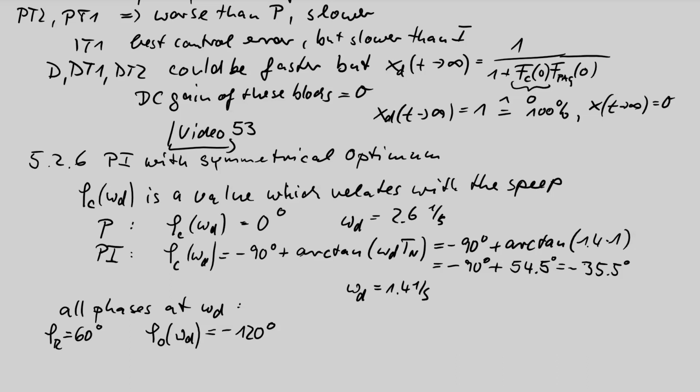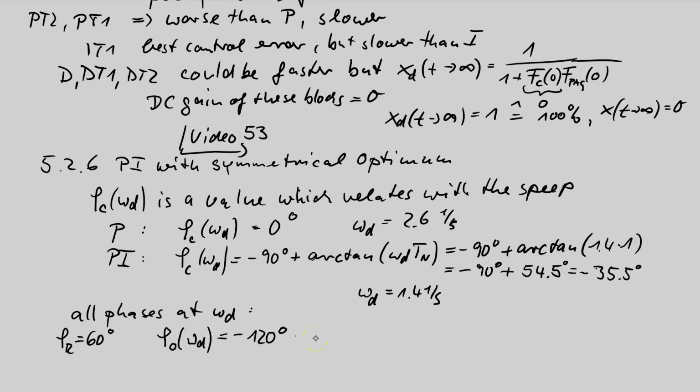This value comes from the Nyquist equation, minus 180 plus phase margin. Minus 180 plus 60 is minus 120.